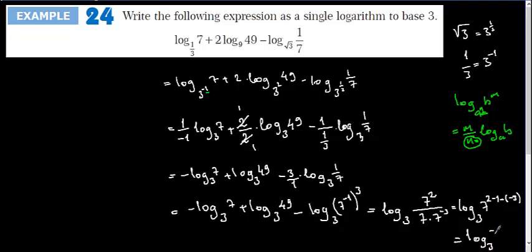Logarithm base 3 of 7 to the power of 4. We have written this expression as a single base 3 logarithm. The end result is not 5 or 4 or 3, but a single logarithm, and logarithm base 3 of 7 to the power of 4 is the answer.